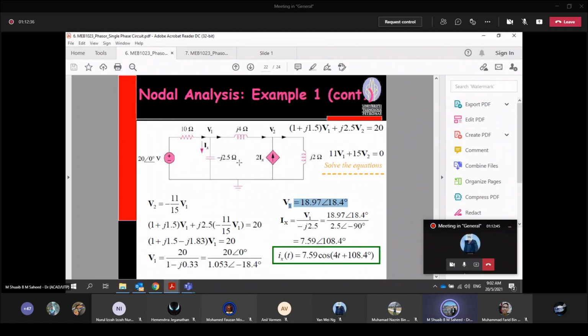What V will be at your capacitor? Negative j2.5 ohm. What will be the V in this component? It will be the V1 lah. Okay, it will be the V1.